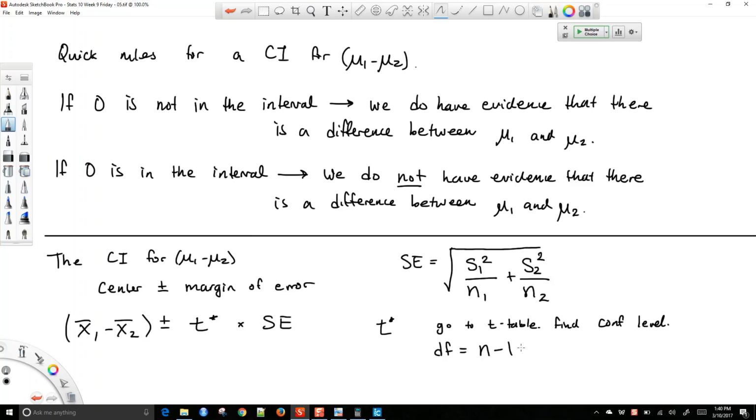However, you have two n's, an n1 and an n2. So what we do is we use the smaller of n1 and n2. Then you just plug in your numbers and you go. Is that all right?